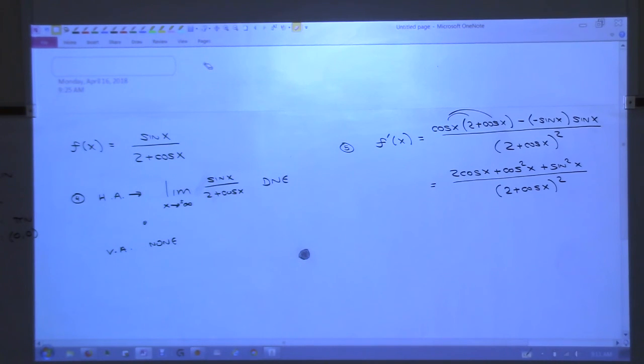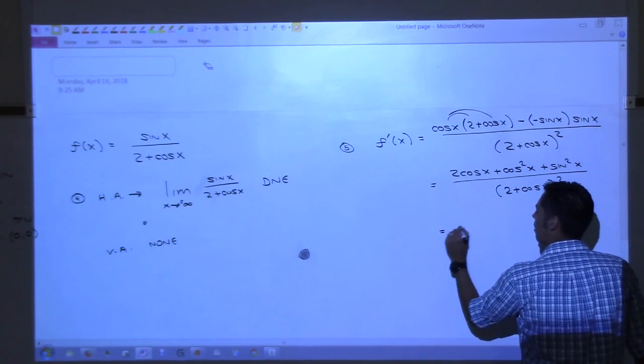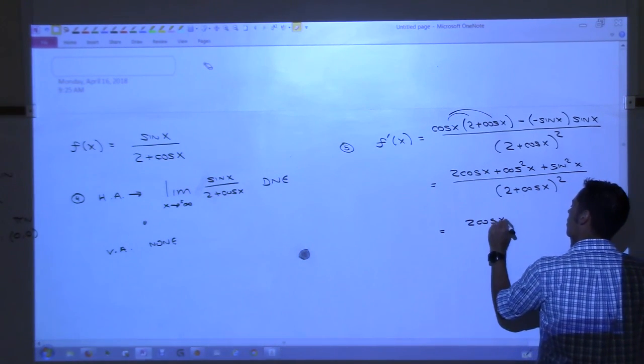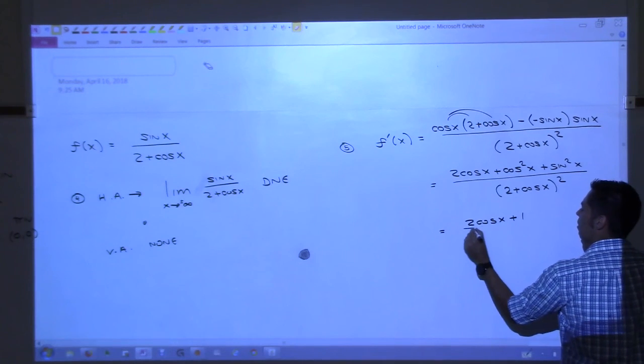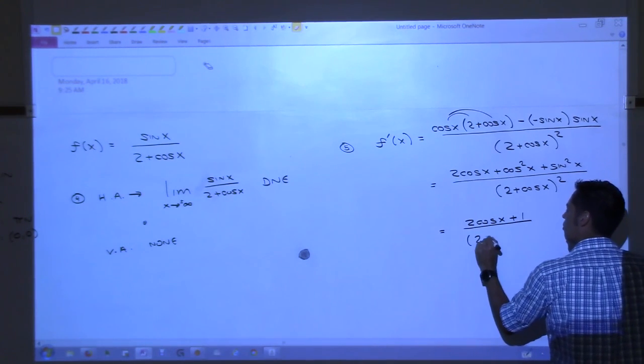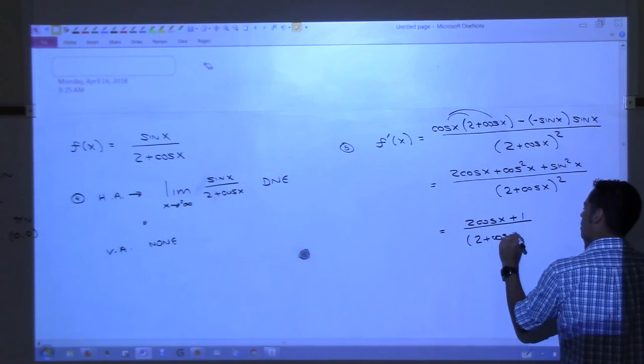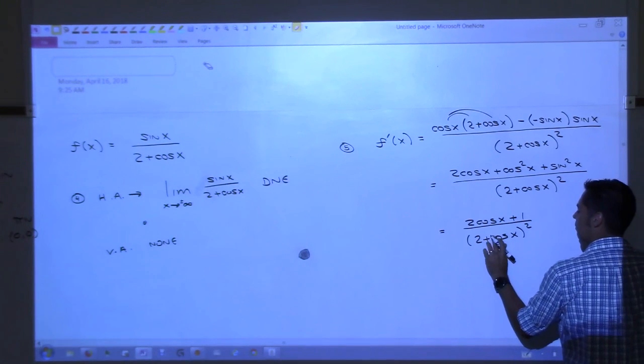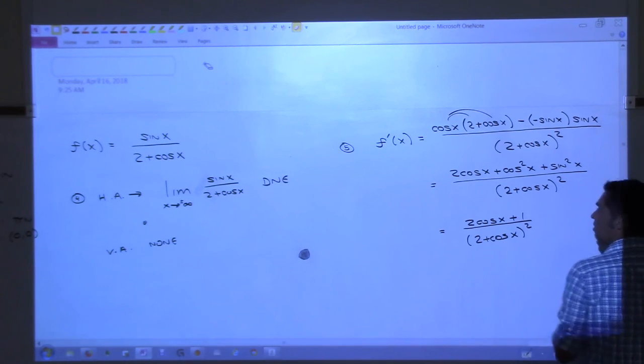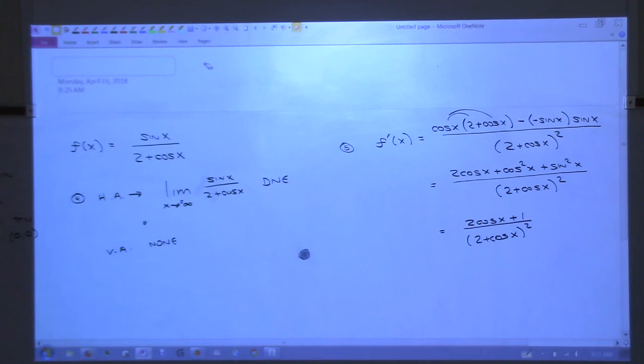And cosine squared x plus sine squared x is 1, the Pythagorean identity, right? So the numerator is going to clean up pretty nicely: 2 cosine x plus 1 over 2 plus cosine x squared. So that's my first derivative, right?